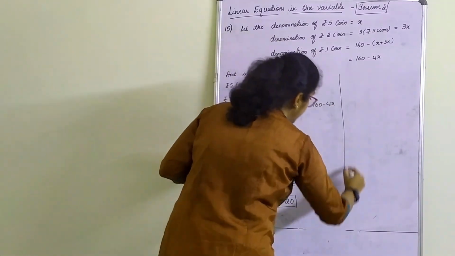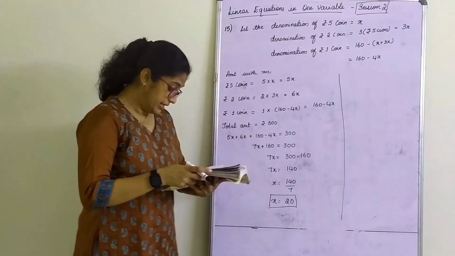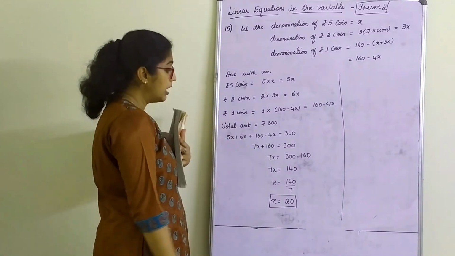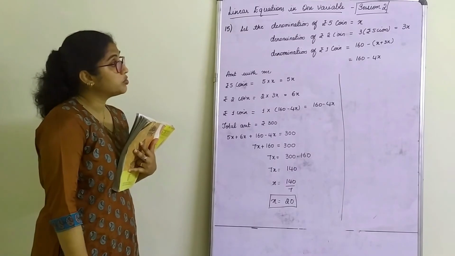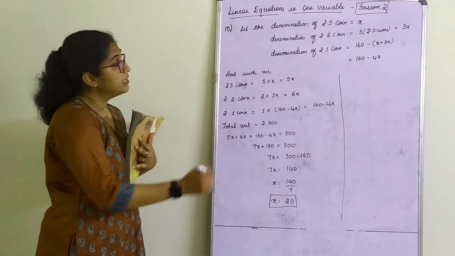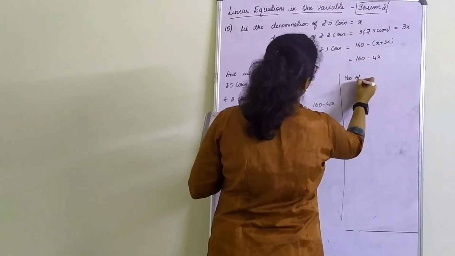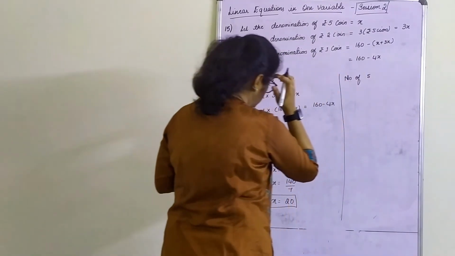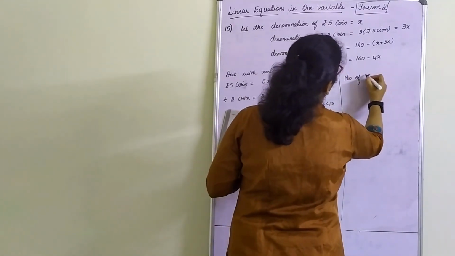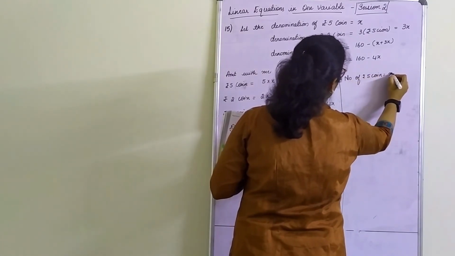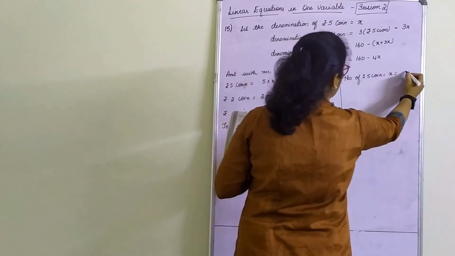So let's find out the total denominations of the coins I have here. How do you calculate how many coins you have of those denominations? Number of rupees 5 coins is equal to x, that is equal to 20.